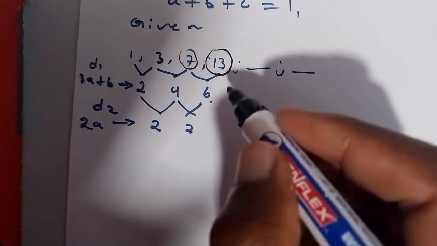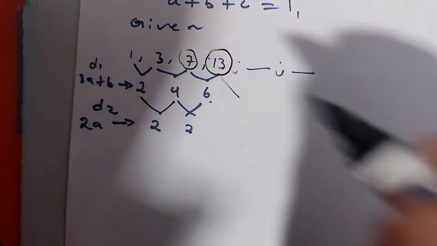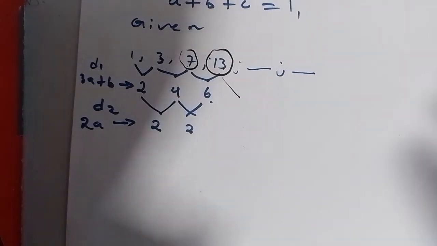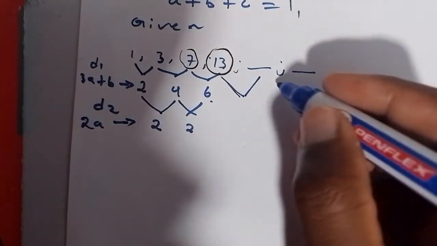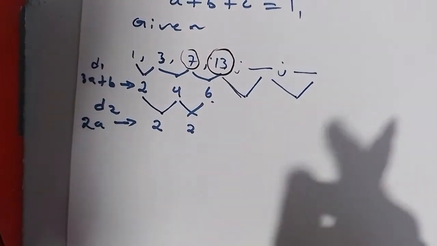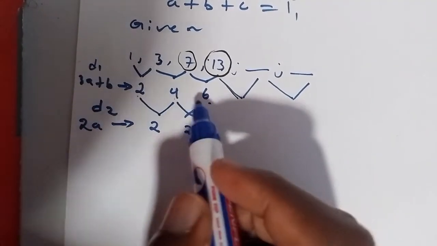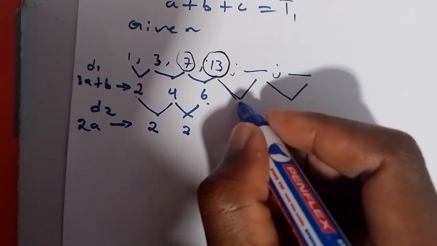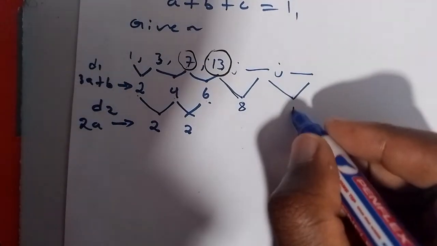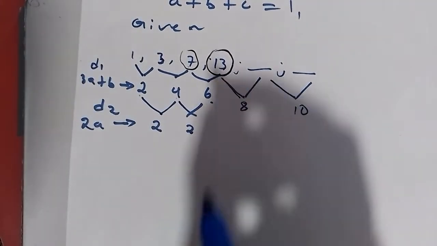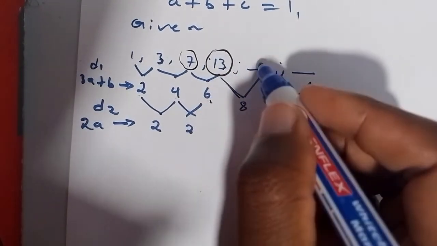We need a number that will come here and here. This is a pattern. If you check, you have 2, 4, 6. The next number is 8, the next one is 10. So I'm going to say 6 plus 13 is going to give me this one.